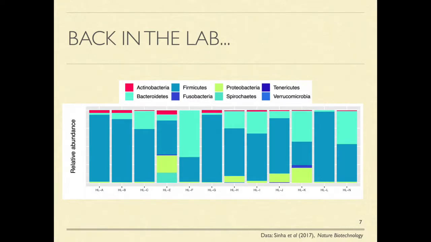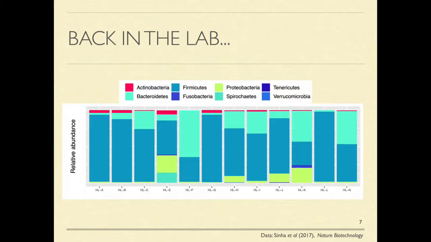But in the lab, in the way that folks have been studying the microbiome, folks have been thinking about it slightly differently. And so what we can see here is the relative abundance at a very broad grouping of bacteria of an identical sample that was sent to about 12 different labs.